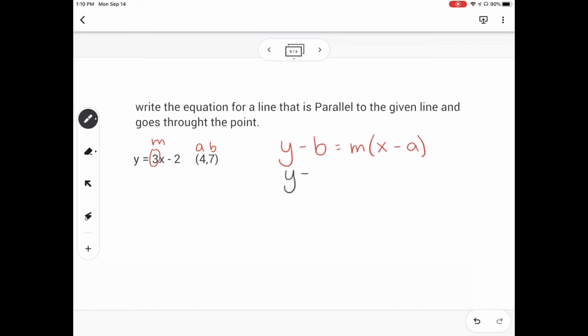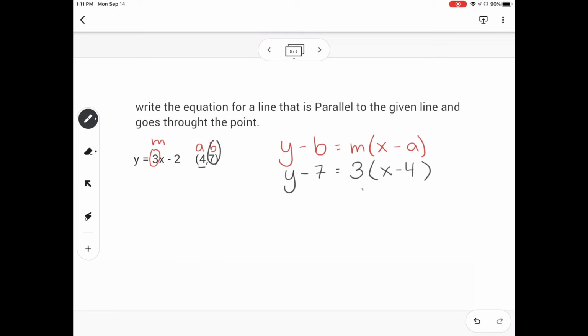So we'll have y minus the b, our b is 7, equals m, which was 3, and then x minus a, our a is 4, so 4 goes there. We just plugged each of these into their spots.